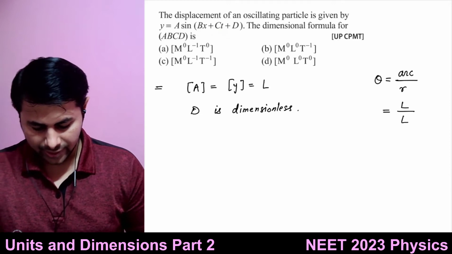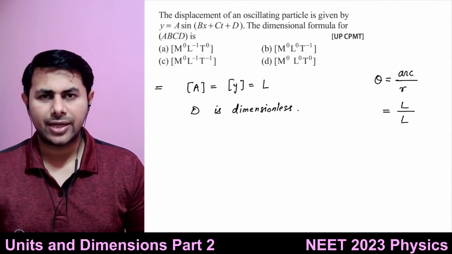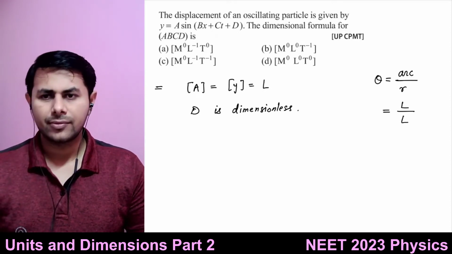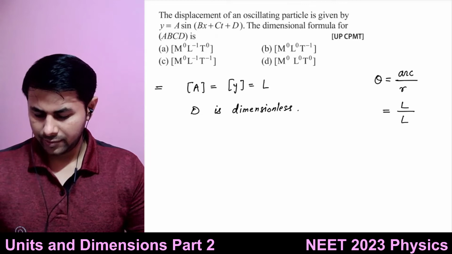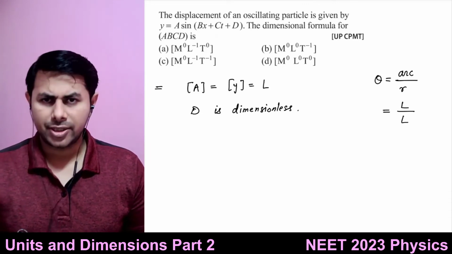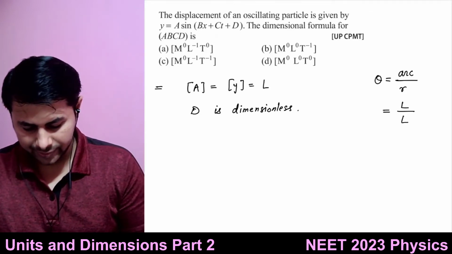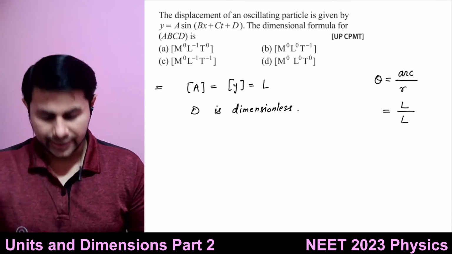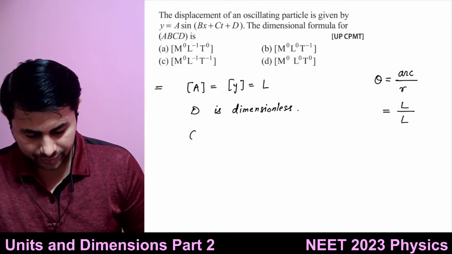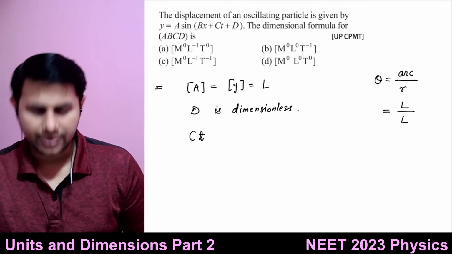That means the dimensions of c are inverse to the dimensions of t. Dimensions of c must be inverse to that of t. Therefore c times t is dimensionless.